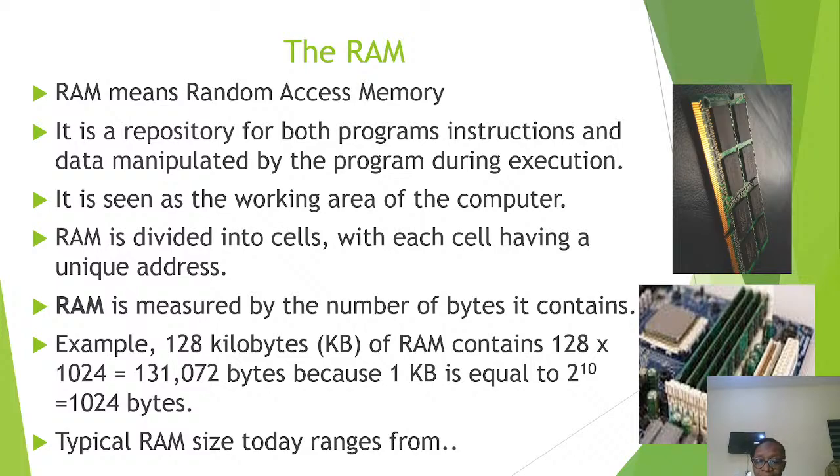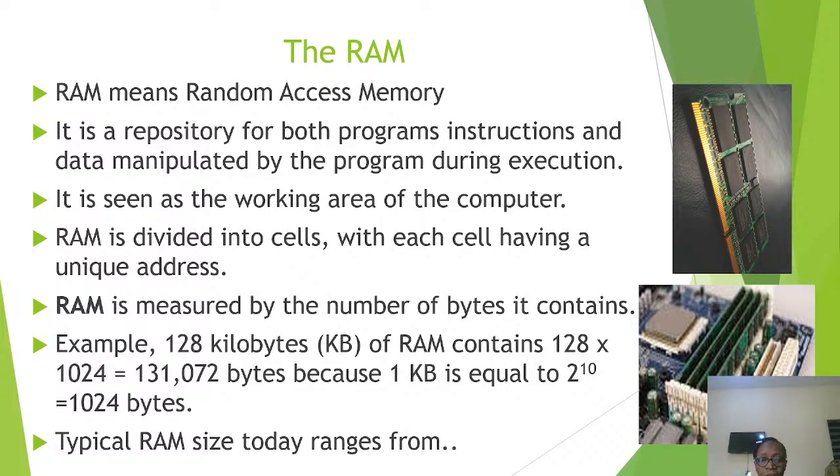Maybe the size of your flash, your hard disk, your memory card, any storage device at all that is being used by the computer, the capacity is measured in bytes. Then you have the kilobytes, the megabytes, the gigabytes, as it increases in size.